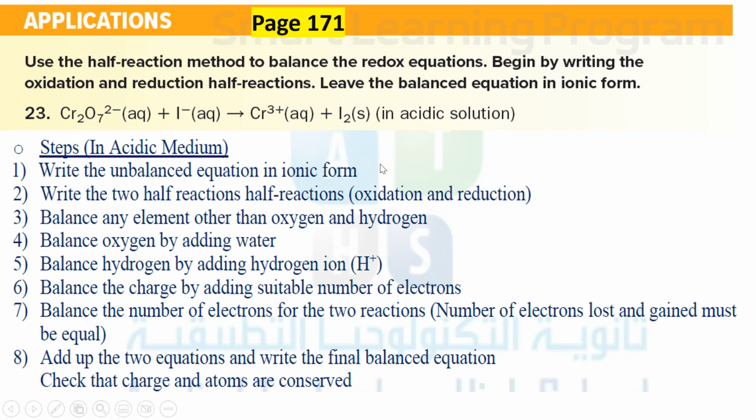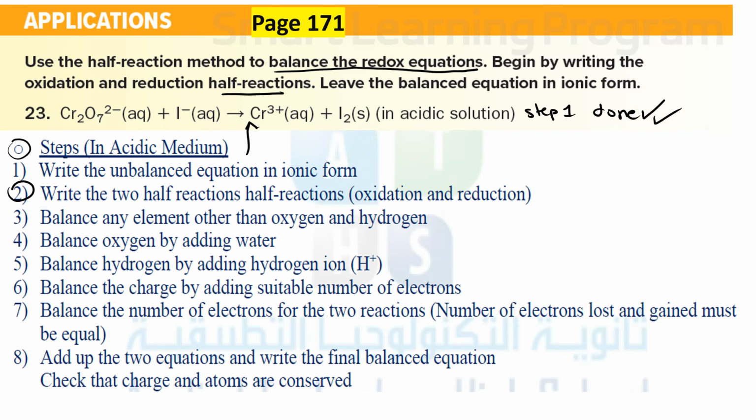Okay, now I want you to try on your own. These are the steps. Use the half reaction method to balance the redox equations. Begin with writing the oxidation and reduction half reactions, which is the second step. Why? Because the first step, see, it is already given to you in the ionic form, so step 1 is done for you.